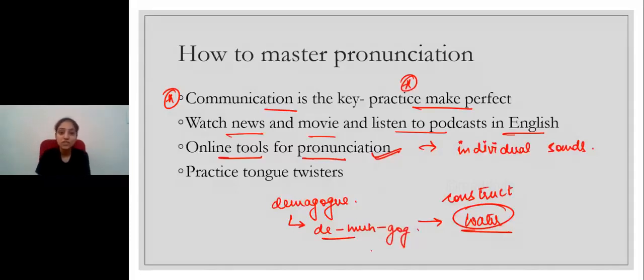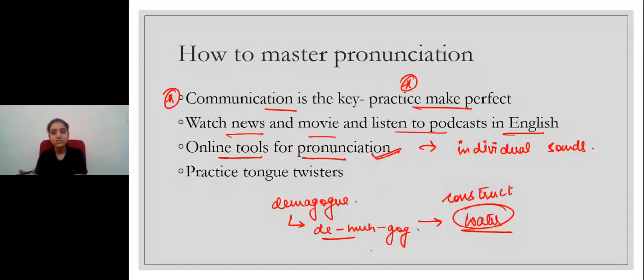So use online tools for pronunciation. Maybe I might not always be available, or maybe a doubt strikes in your mind when the class is not going on, or when you are sitting inside your room reading a novel and you come across a word whose pronunciation you might not know. There are numerous online tools available for correct pronunciation.